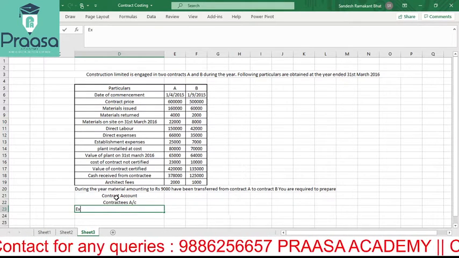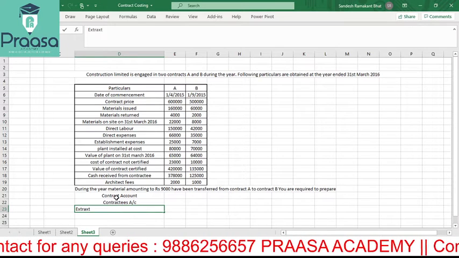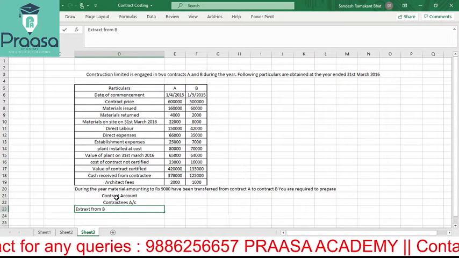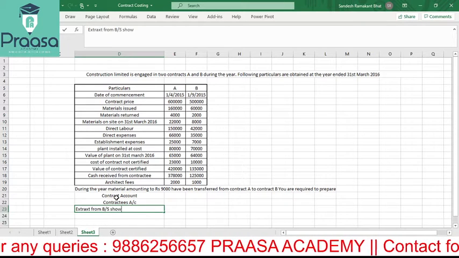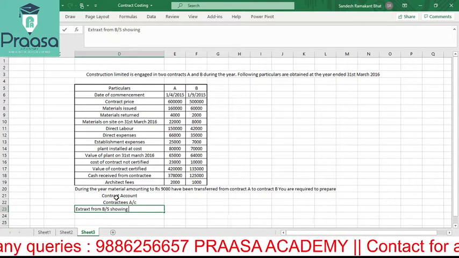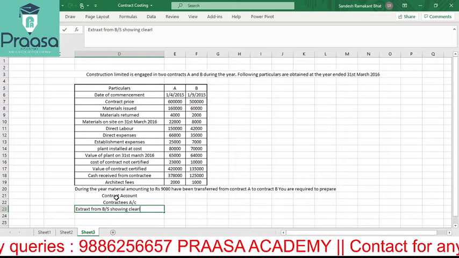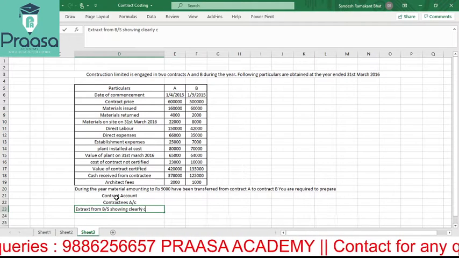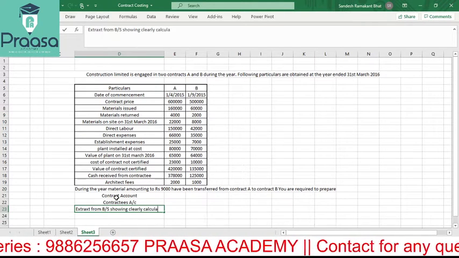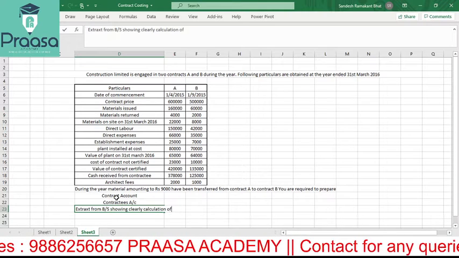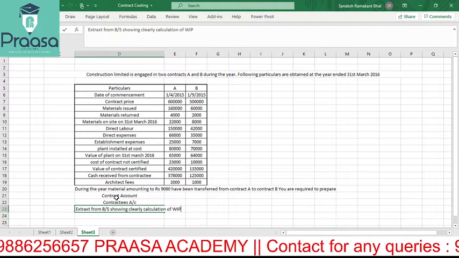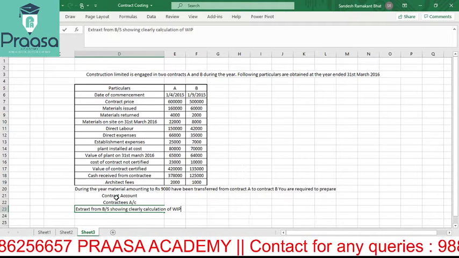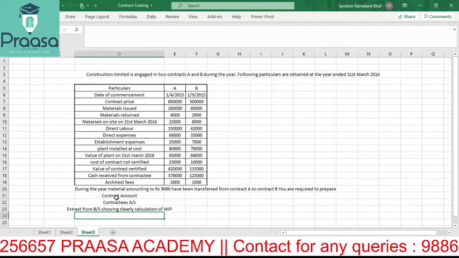Then an extract from the balance sheet, showing clearly the calculation of work in progress. These are the things we are asked to do.